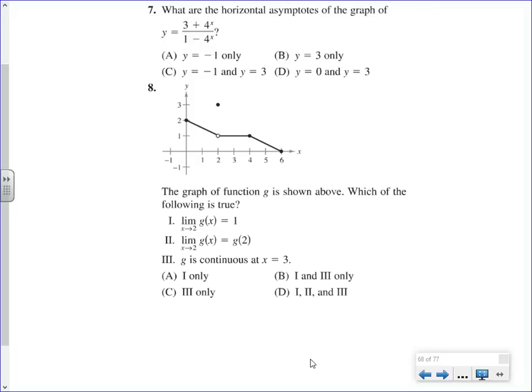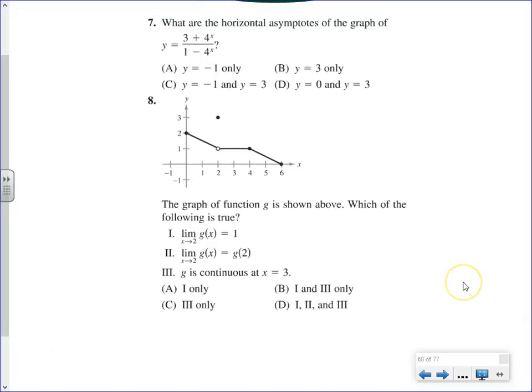No 7, skip it. Look at 8. What I'm saying, I'd like to say don't like 8 always.